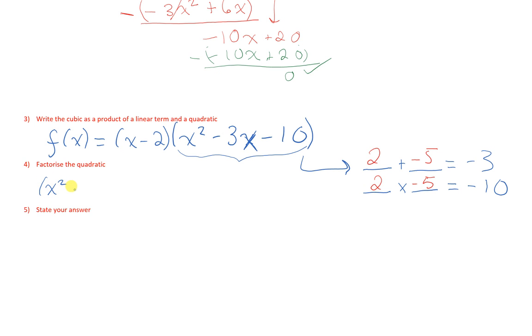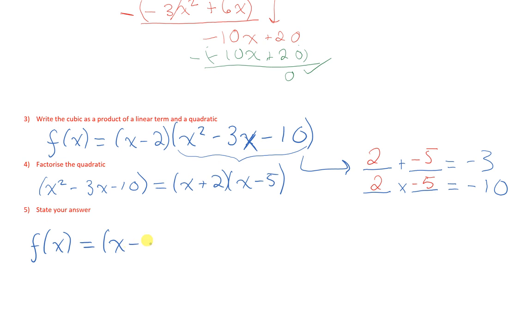So x squared minus 3x minus 10, well that's x plus 2 and x minus 5. So my final answer is f of x is x minus 2, x plus 2, and x minus 5. Of course, you can check that by expanding on your CAS.